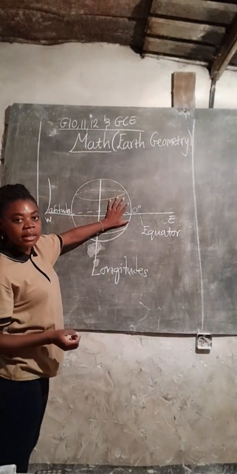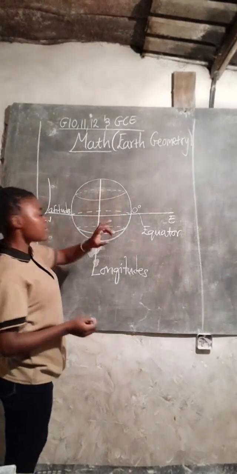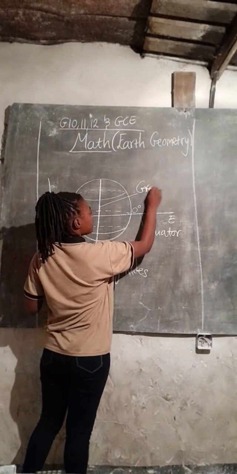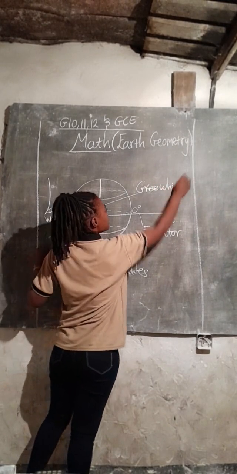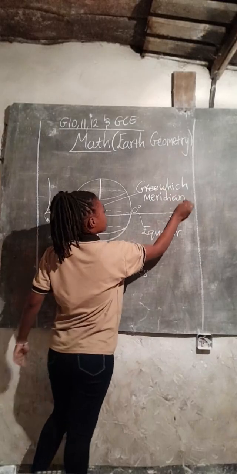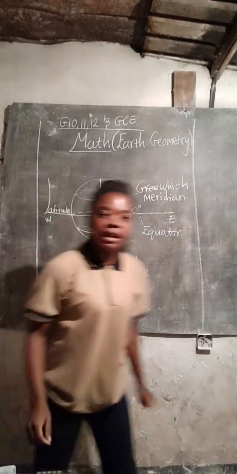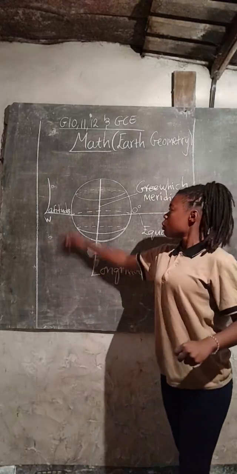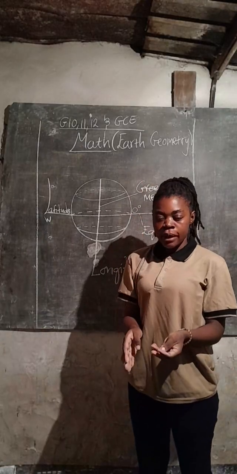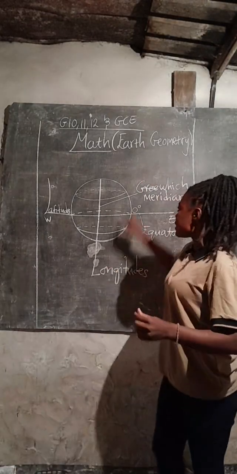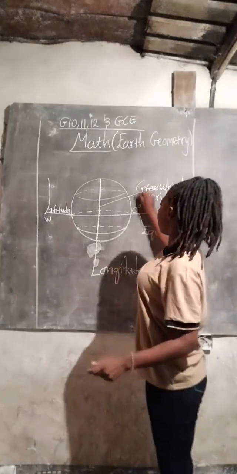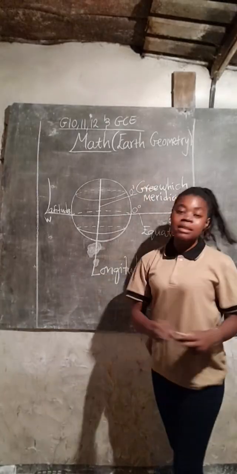This side is the eastern hemisphere. So the Greenwich Meridian divides the Earth's surface into two equal parts, west and east, and it is in the middle. This same Greenwich Meridian is also at 0 degrees.